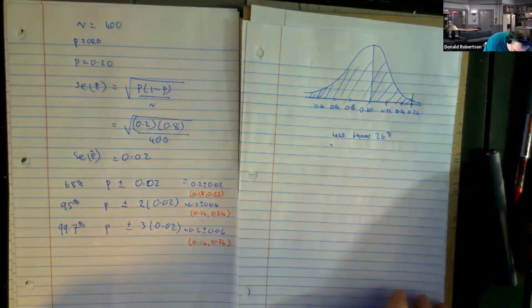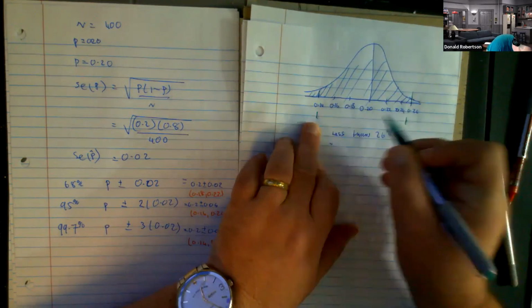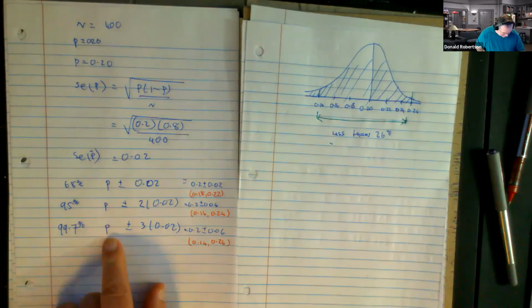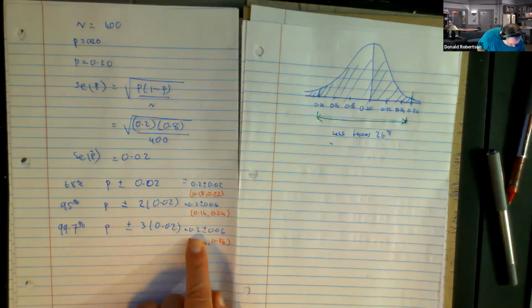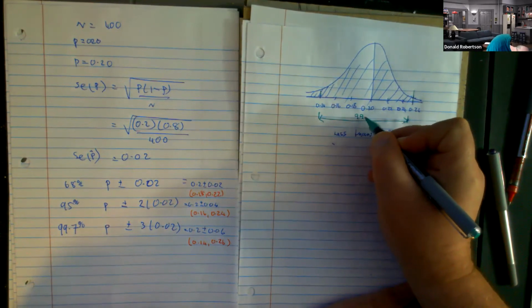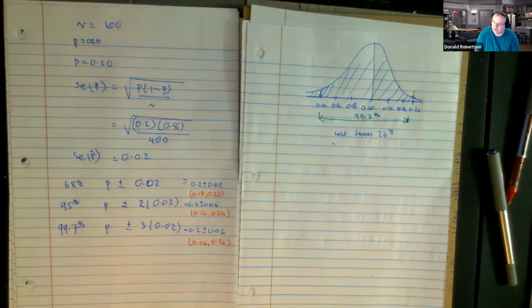And we already know that from here to here, that distance is 99.7% of all the data is going to be in that range. Great.